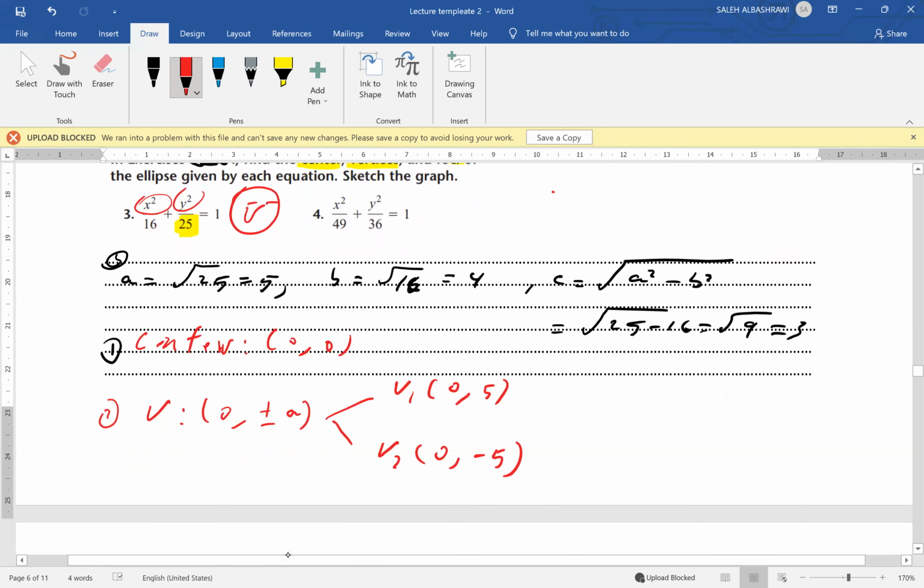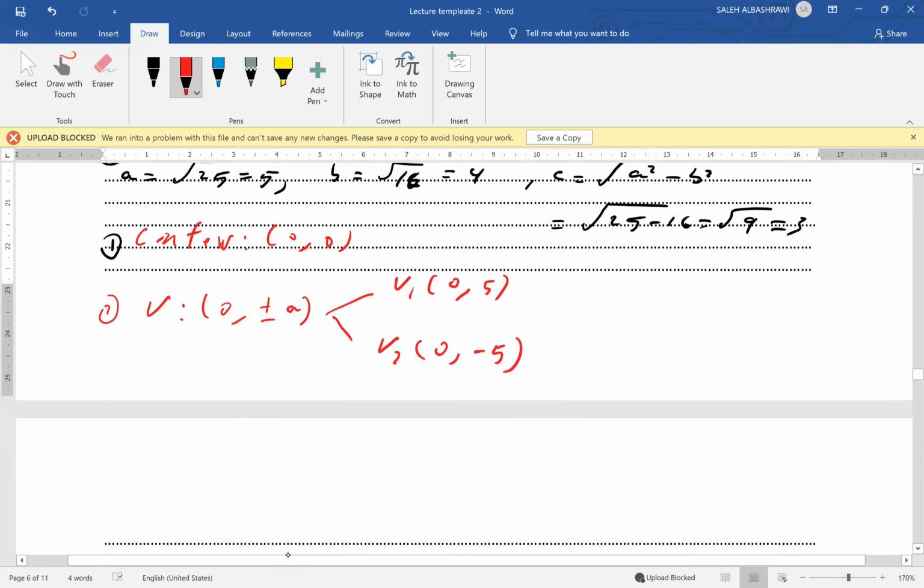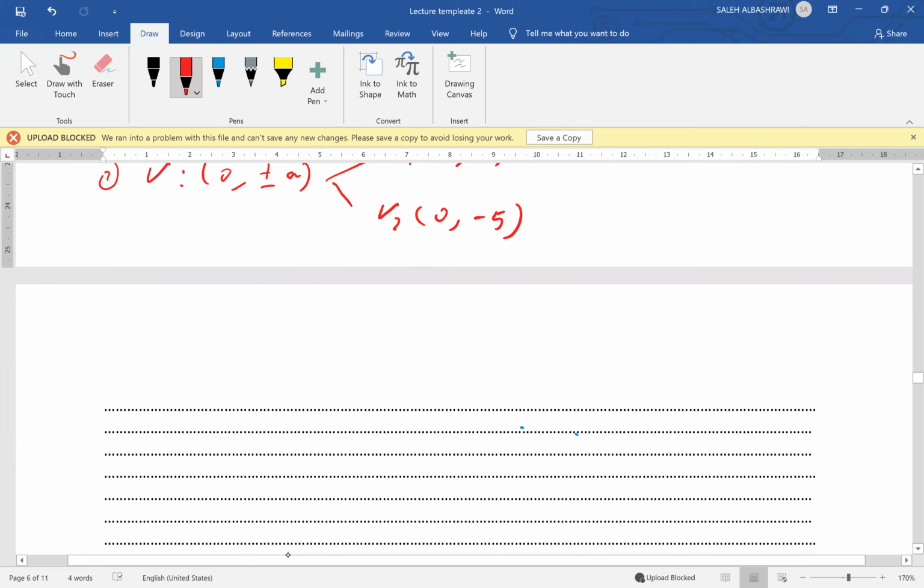And the focus points will be 0 and C, and 0 and minus C. That will be 0 and 3, and 0 and minus 3.